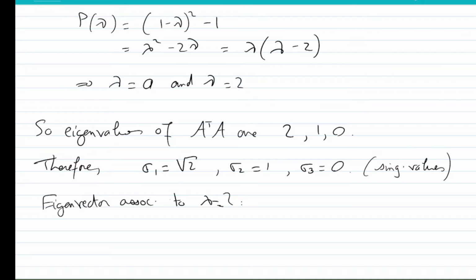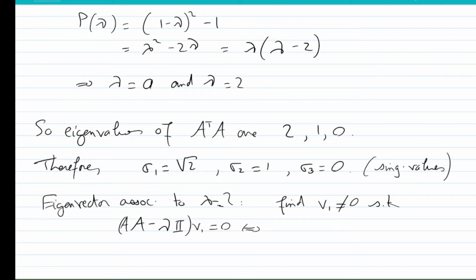I need to find V1 non-zero such that I can write it either as the linear system AV equals lambda V, or as A minus lambda times I times V equals 0. So let's do the latter. It doesn't really matter. So A minus lambda I times V1 equals 0.